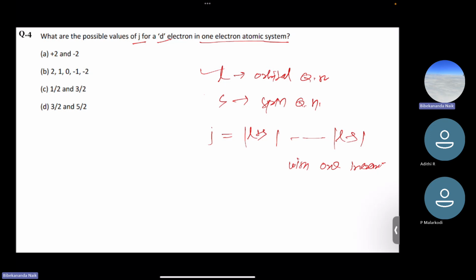I'll give you a few minutes. Please tell what will be the correct option.